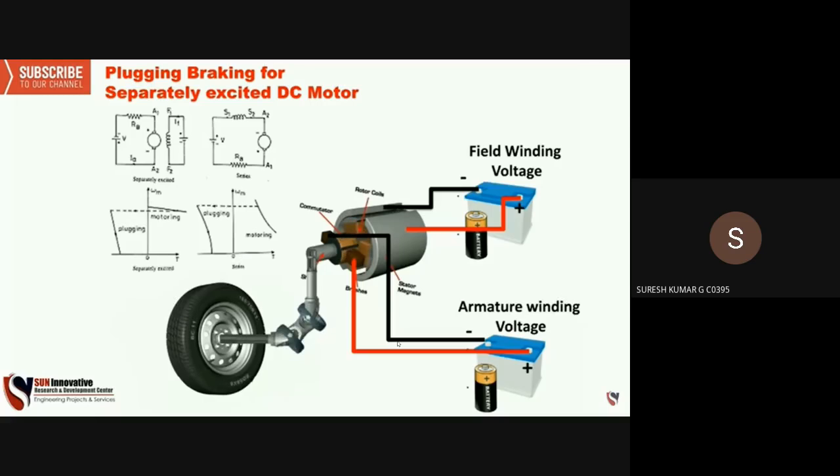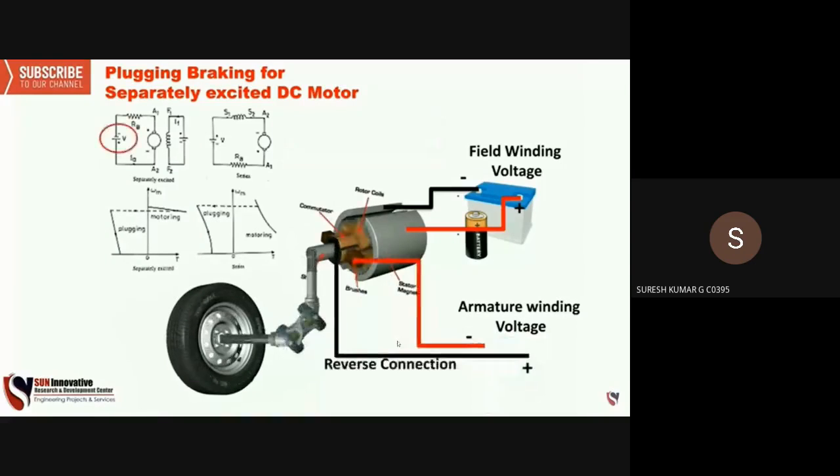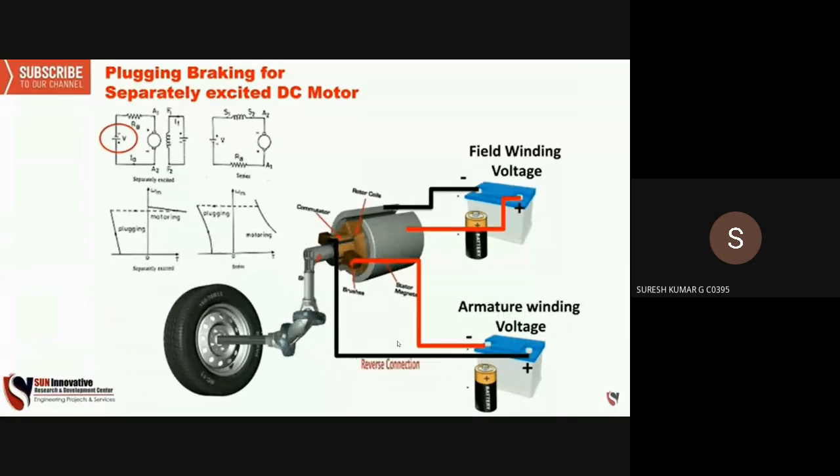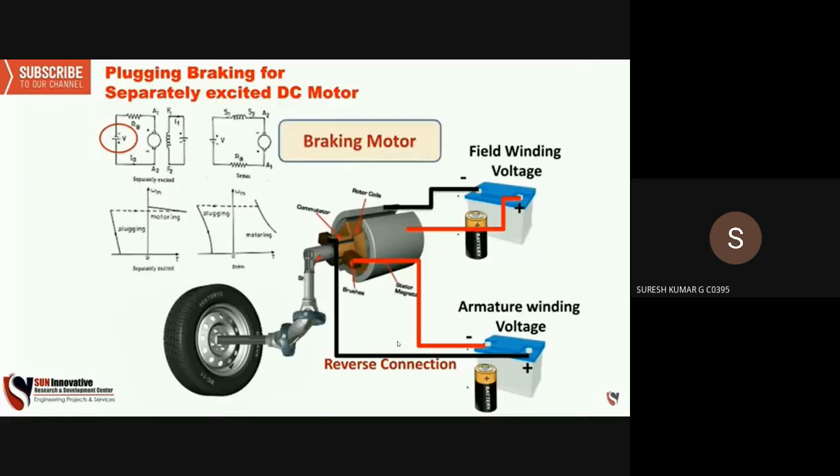And to stop this motor, we need to reverse the armature winding voltage, so you can see that the connection is reversed so that your motor can stop, and the red mark shows the reverse connection of voltage supply in the circuit also. So this way the braking of the motor happens because of the reverse connection in the armature winding.